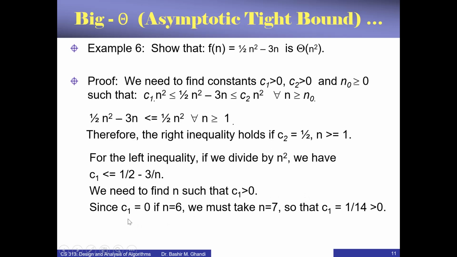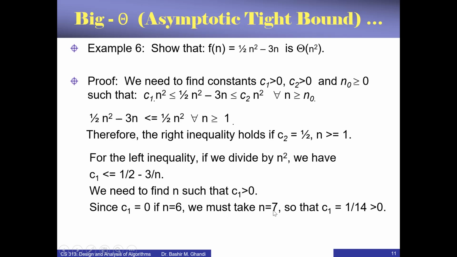Now we say here, since c1 is 0 if n is 6, you can see clearly if n is 6, then this is going to be half as well. 3 over 6 is half, so half minus half will be 0. So we are saying since c1 will be 0 if n is 6, we must take n to be at least 7.